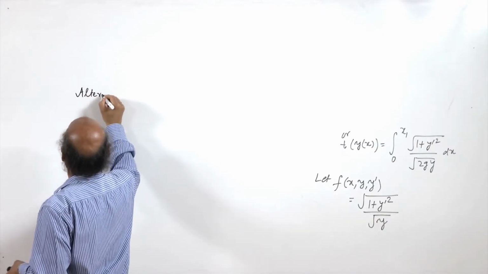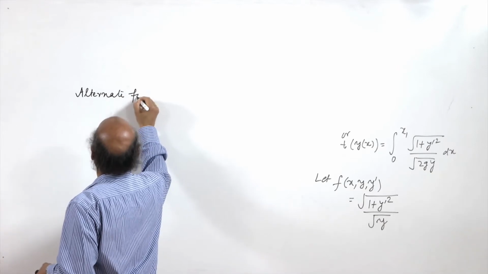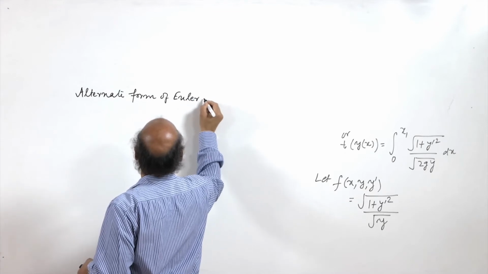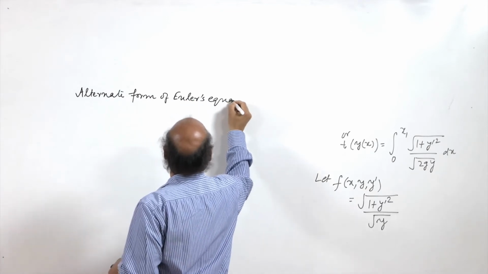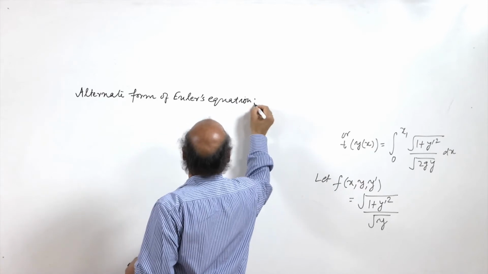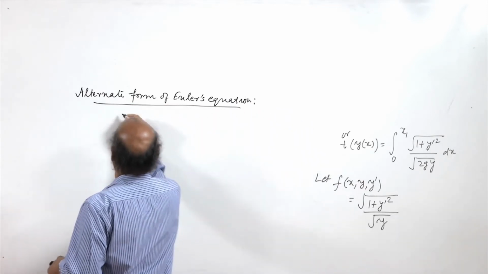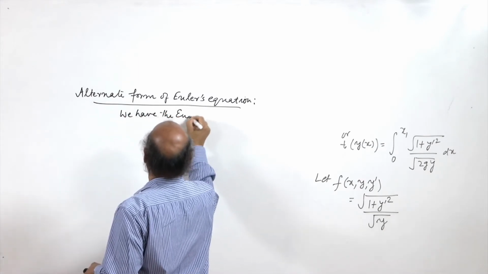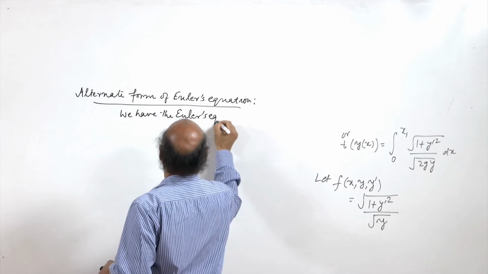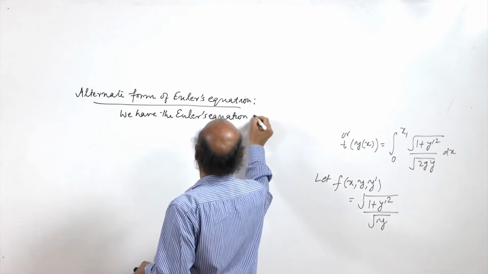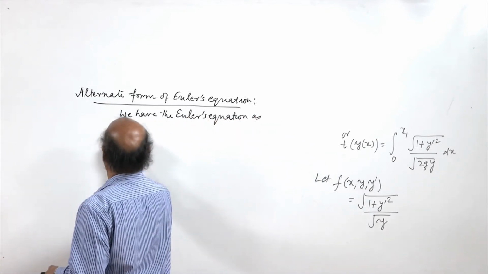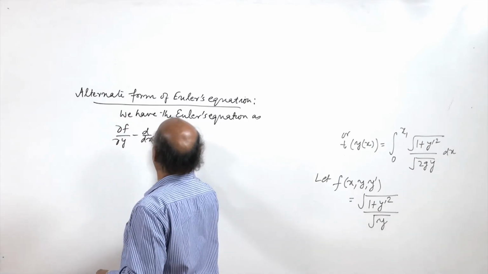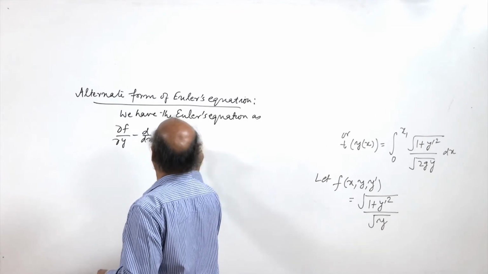Alternate form of the Euler's equation. We have the Euler's equation as this.